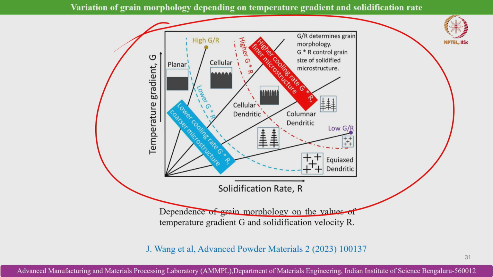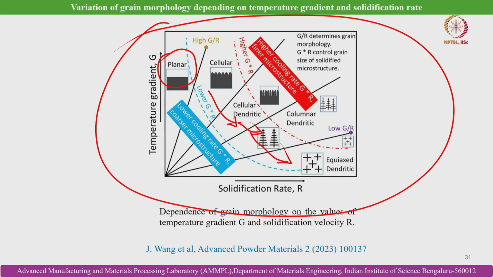You can see the dependence of grain morphology on the values of temperature gradient G and solidification velocity R. At a high G by R ratio, the microstructure is planar, and with decreasing G by R ratio, it transitions into cellular, from there to cellular dendritic, from there to columnar dendritic, and then at even lesser G by R ratio, it moves to the equiaxed dendritic structure.